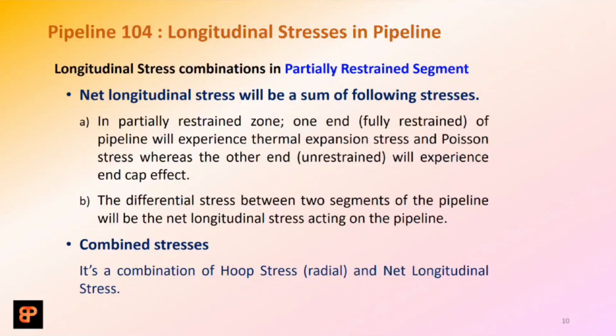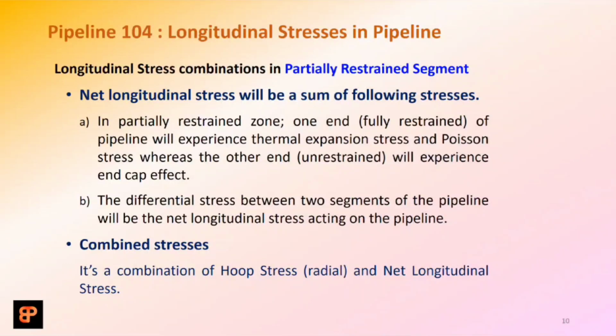Okay, so for this partially restrained zone, the code doesn't really consider the partially restrained segment, but to calculate the virtual anchor length, we need to analyze this segment. The stresses in this segment can be easily analyzed by combining the unrestrained and fully restrained segment stresses together.